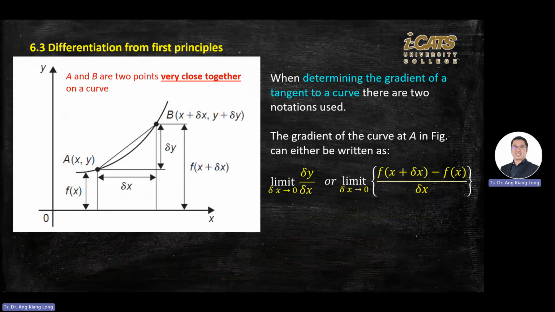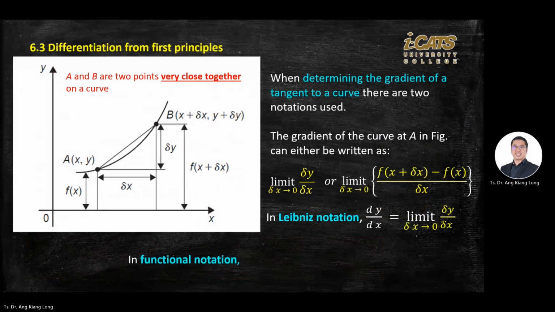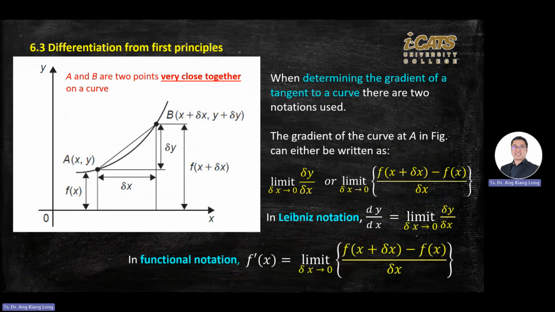So the whole function you can write like this. This one is for your reading. It's for your reading. I won't test you. But there's one term called Leibniz notation. What I want you to see is this one. F comma.